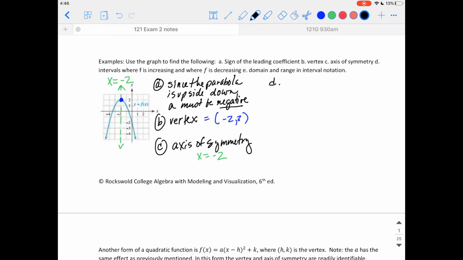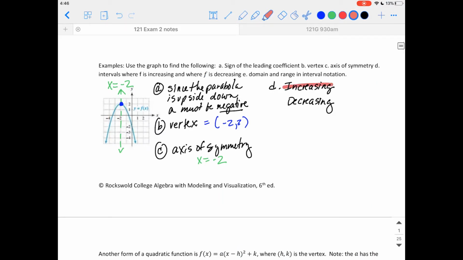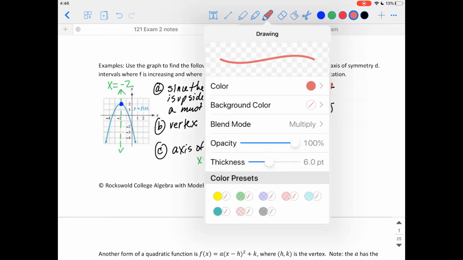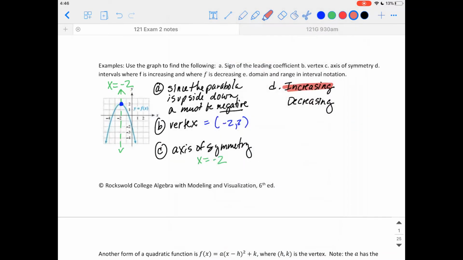And then D, intervals where f is increasing and where it's decreasing. So I'm going to highlight the increasing. That's really dark. Sorry. So increasing is this part of the graph up to here.